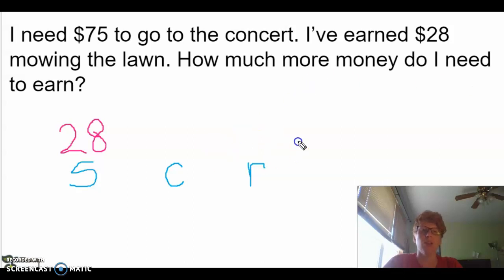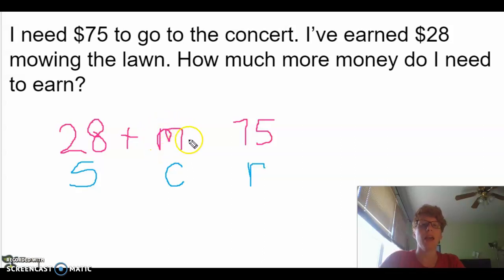Ooh. So I know that in the end, I need $75. That's my total result. But I'm at 28 now. So I need to earn, and when you're earning money, your amount of money is getting larger. So 28 plus what? M for money, probably. 28 plus M equals 75.